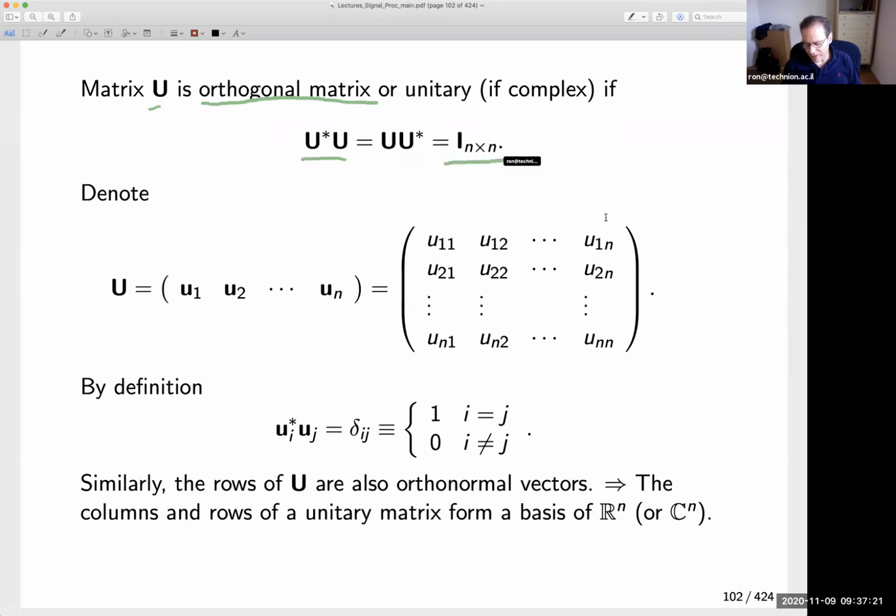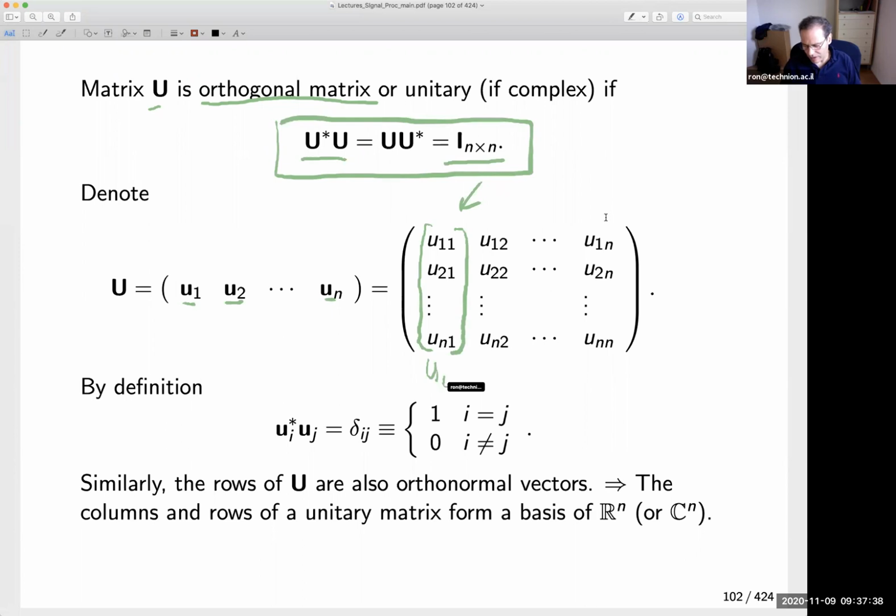If you write U explicitly like that, where each and every column I can write as U1, U2, etc., then with the above property, what I can prove easily is that the inner product of Ui and Uj would be 1 if I'm choosing the same. If I'm looking for the inner product of U1 with U1, it would be equal to 1.